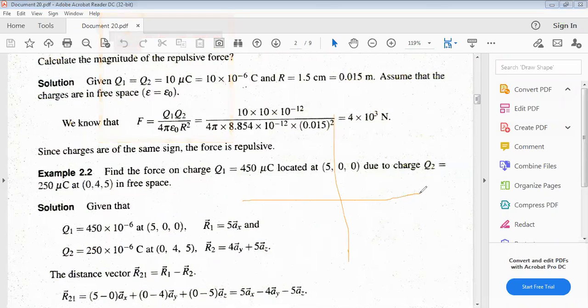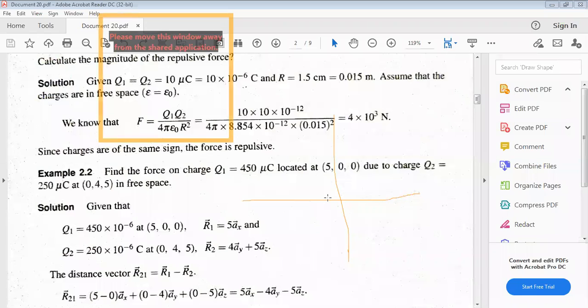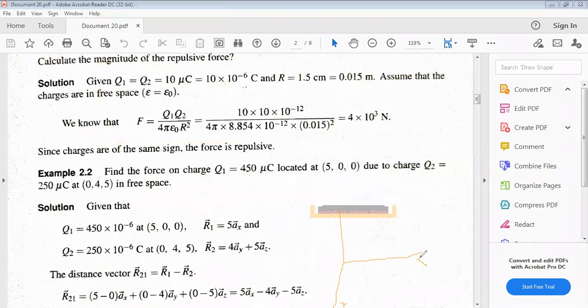See here, let us assume X, Y, Z axes. This is X, this is Y, and this is Z. Find the force on charge Q1, 450 microcoulombs, located at which point? 5, 0, 0, right?